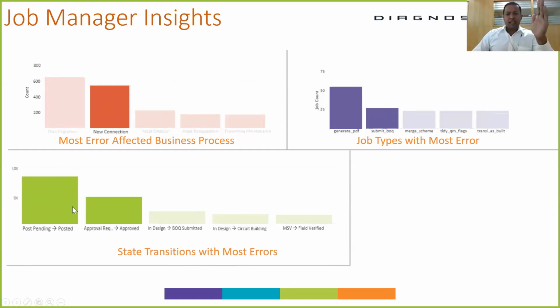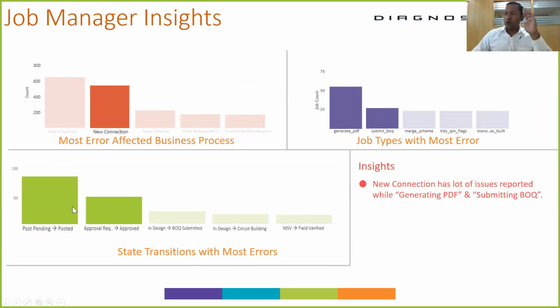So from these dashboards, once again, I have my two insights. This one, the new connection has a lot of generating PDF and submission of BOQ related job failures. And the second one is the state transition in which most of these failures of jobs occur.